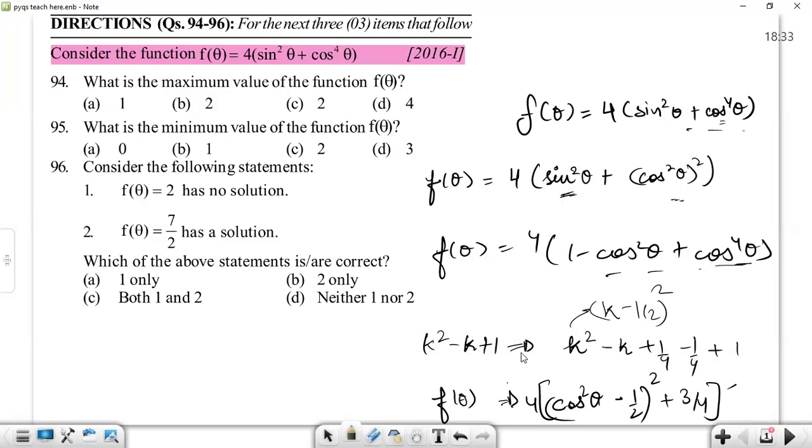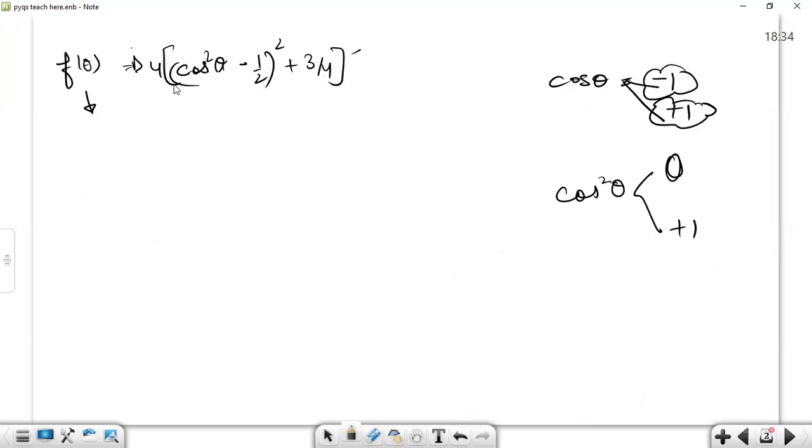Representing this, f of theta equals 4 into (cos square theta minus half) whole square plus 3 by 4.